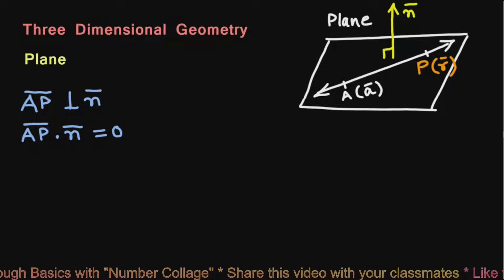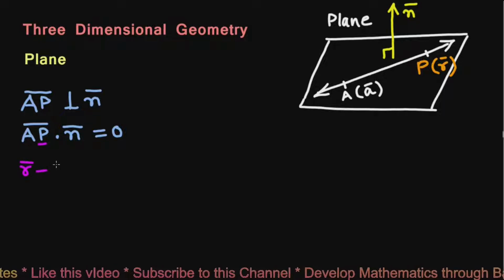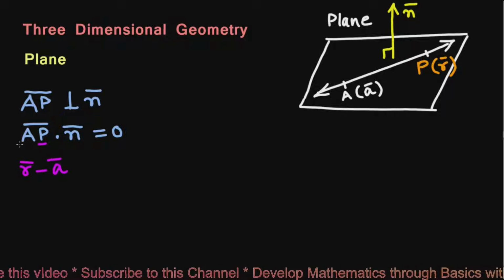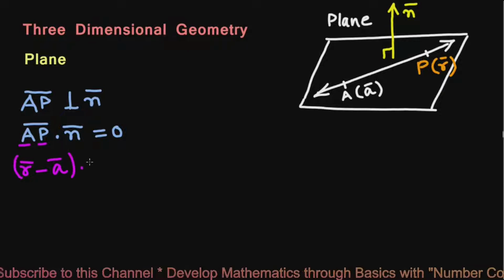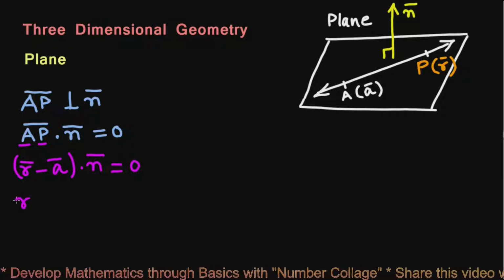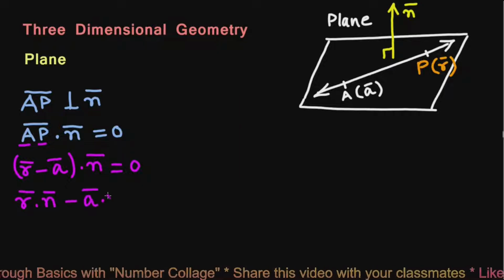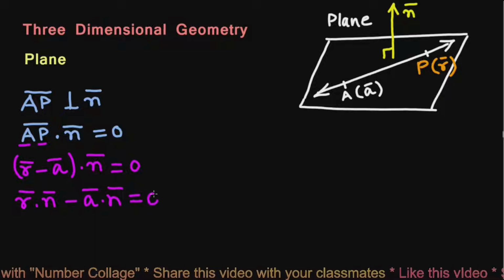Now AP bar is r bar, which is the position vector of P, minus a bar, which is the position vector of A, dot n bar equals 0. So that will be r bar dot n bar minus a bar dot n bar equals 0.